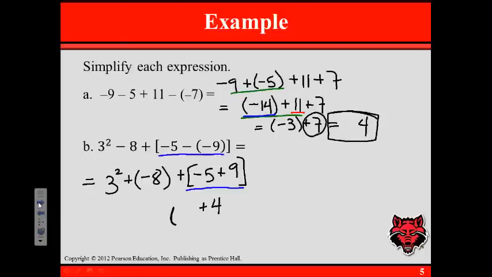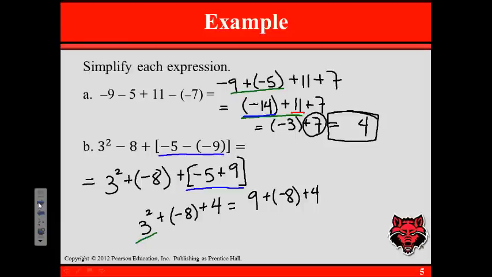Everything else stays exactly the same. Now that we've finished the grouping symbols, we go to exponents. And we see one exponent at the beginning of the expression, 3 squared, and 3 squared equals 9. Again, everything else stays exactly the same.